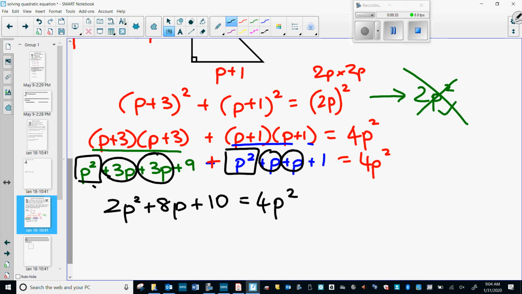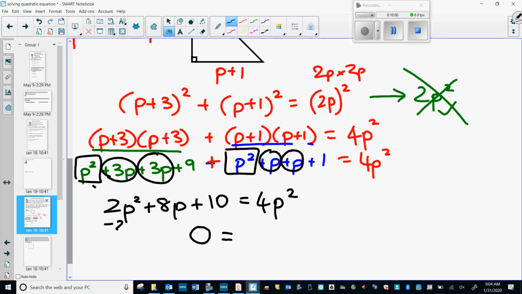I've got 2p squareds here, but 4p squareds here. So I'm going to subtract each of these terms on the left, and they can be joined with the one on the right. I'm going to have my 0 on this side, simply because I have more p squareds over here. Otherwise I'll end up with a negative p squared term. You all understand that?